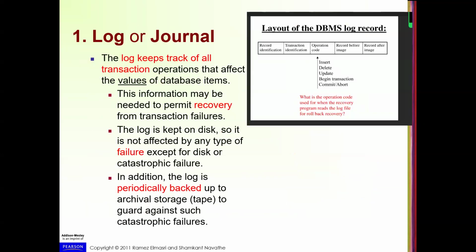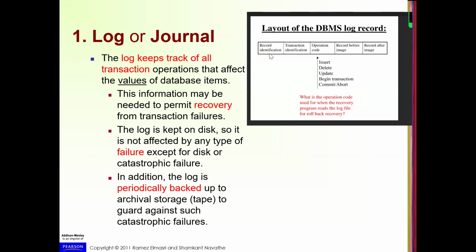Now, let us talk about the log, also called a journal. The log keeps track of all the transactions that affect the value of any database item. What does it have inside it?